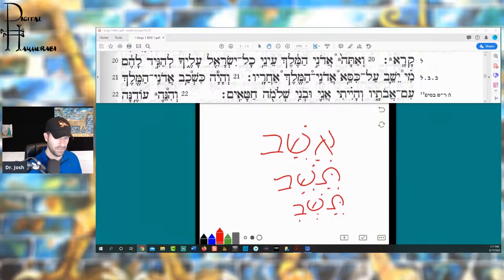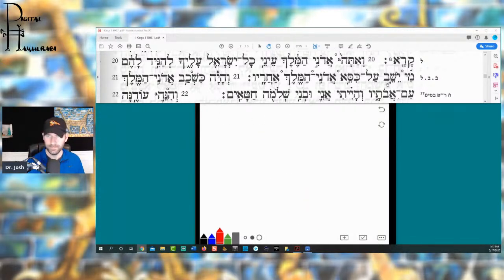Te shavi. And so on. That's the pattern that it takes. A shave, te shavi, ye shave, and so on. So here, ye shave, where are we? This is a Qal imperfect, third masculine singular from yashav. And that sere is representing that first yud.